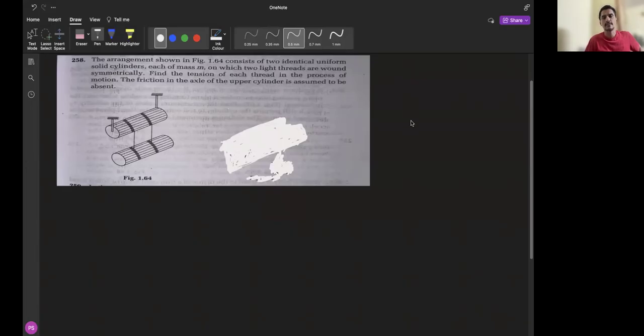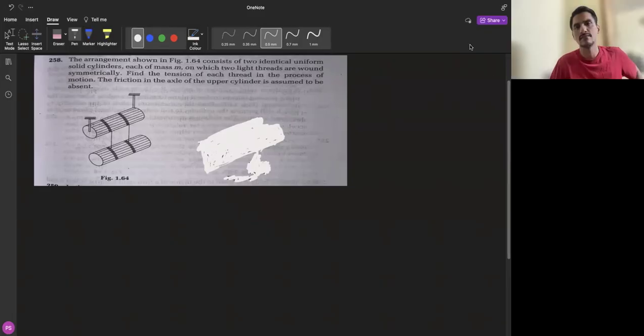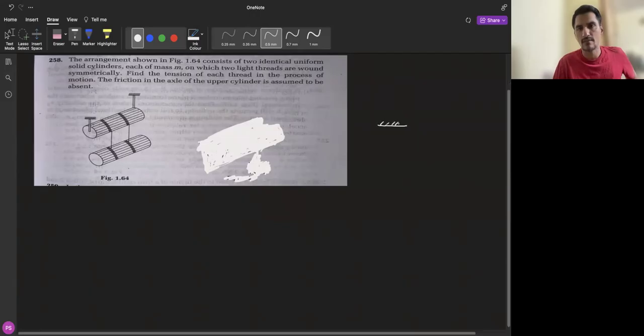So now let us take the diagram. Let me draw the diagram from side view.